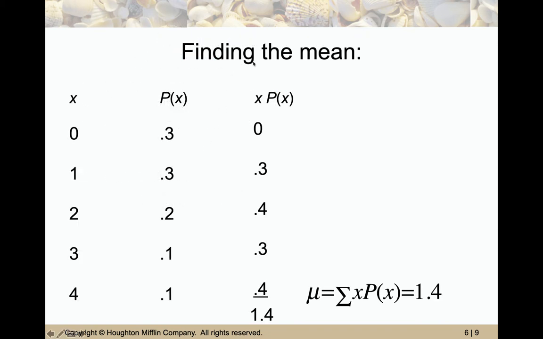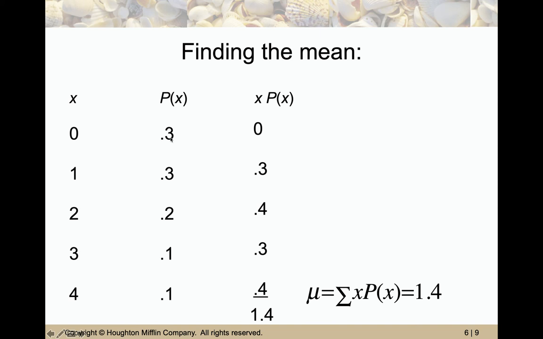All right, so if we want to find the mean of a probability distribution where outcomes are from 0 to 4, and here we have our corresponding probabilities, we just do 0 times 0.3 is 0, 1 times 0.3 is 0.3, and so on. And then we add those up to get 1.4. Sometimes people go, well, don't we need to divide by something?